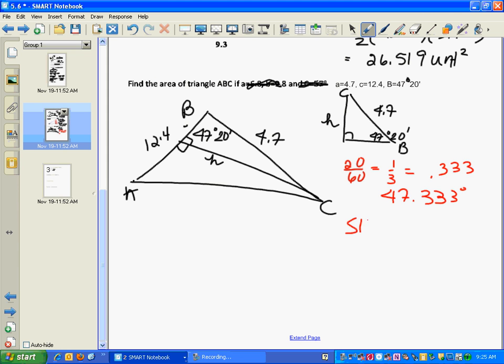So I'm going to say again, the sine of 47.333 degrees is equal to h over 4.7. So 4.7 sine of 47.333 equals h. And I got that to be what?